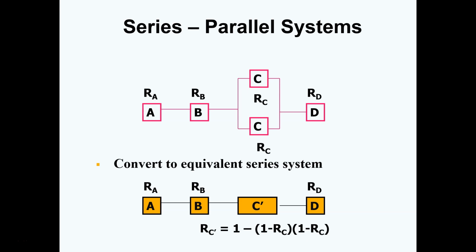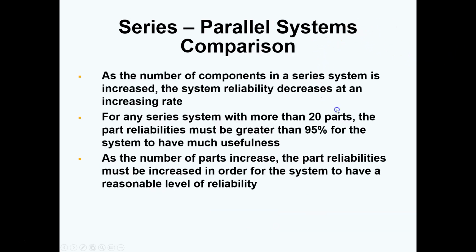Then A, B, C prime, or the new C, and D will be calculated as series. So what we did, we replaced the two parallel C's with one C prime, and the C prime is now in series with A, B, and D. Then we use the formula for the series to find the reliability of the system.